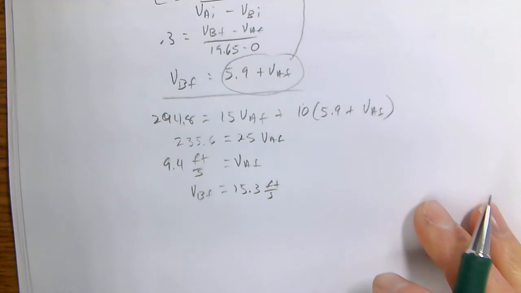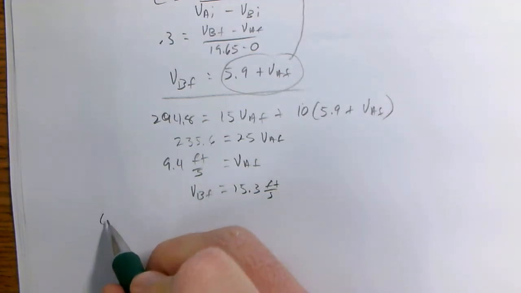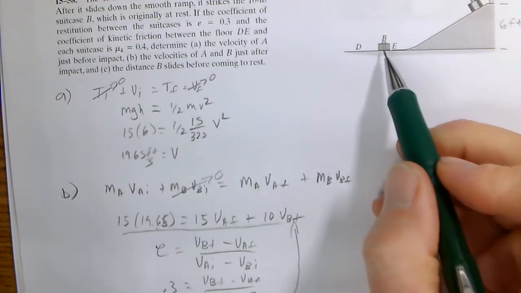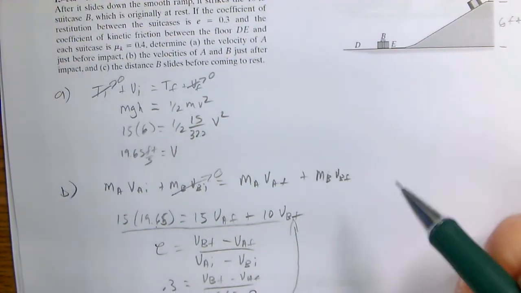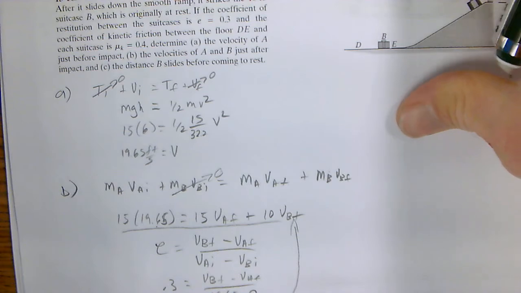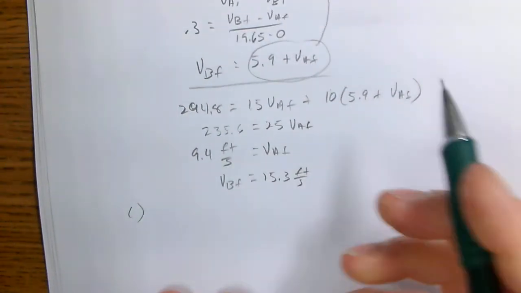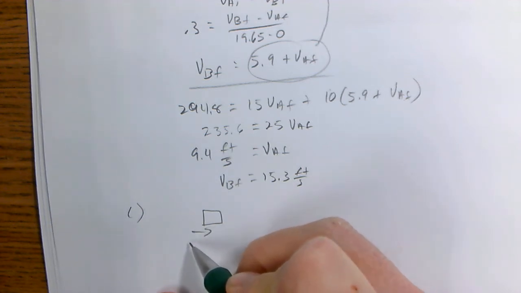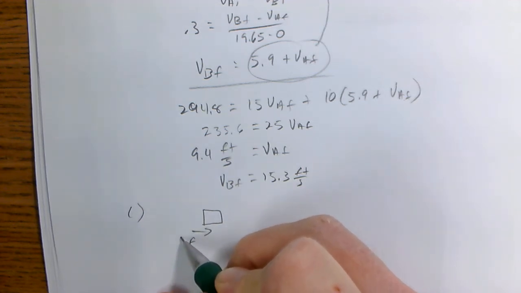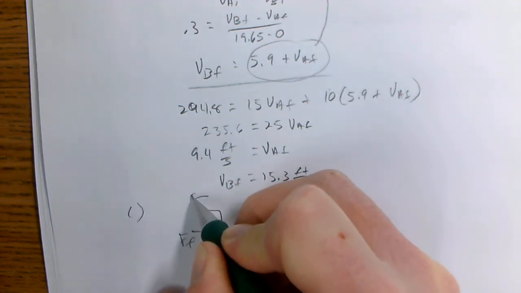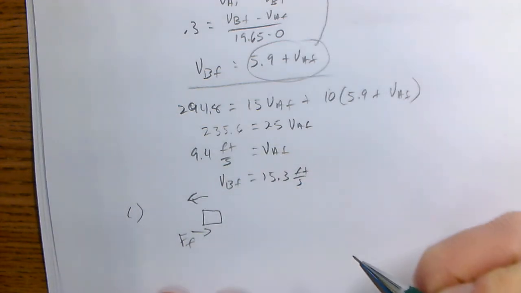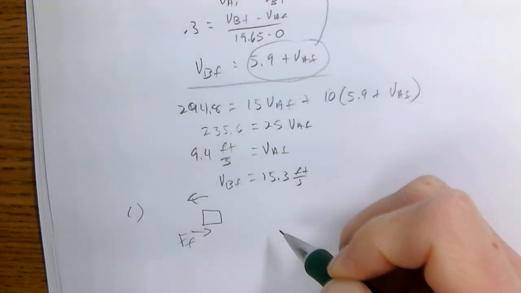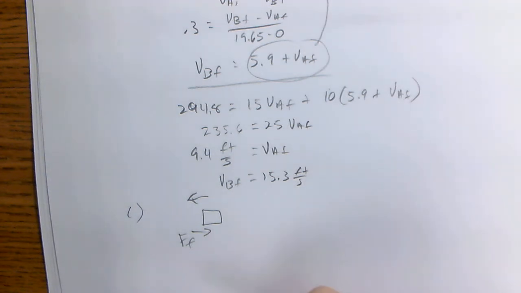Going on to part C. Now we have B sliding at 15.3 feet per second, and friction is all that's on the bottom slowing it down. So we have the force of friction that way, a velocity that way, and of course the normal and the weight, but we're going to sum the forces in the x and not the y.